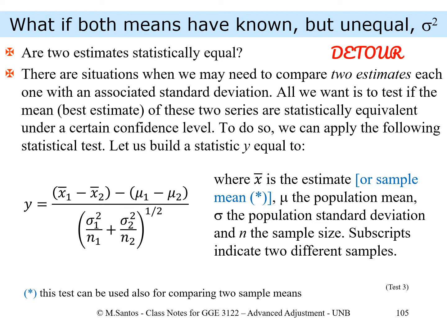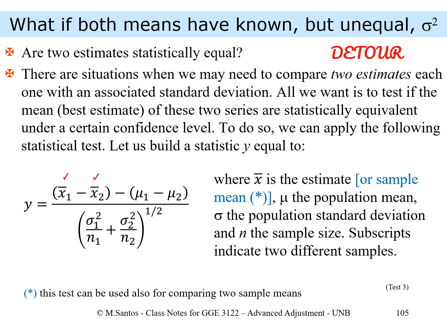So what we want to do then is apply this expression as given in here, and let's just look at the different terms. We have these mean values or estimates, x1 and x2. I'm using the bar to represent them.